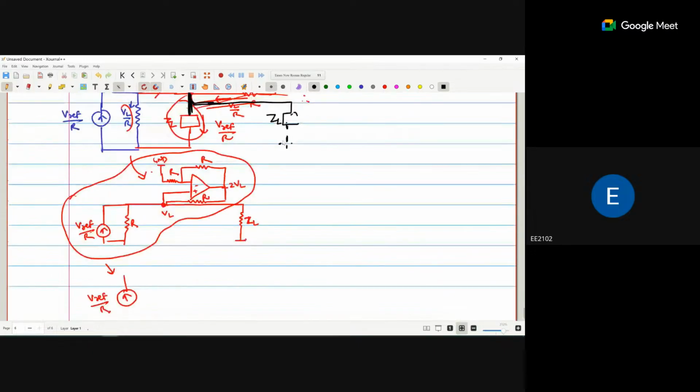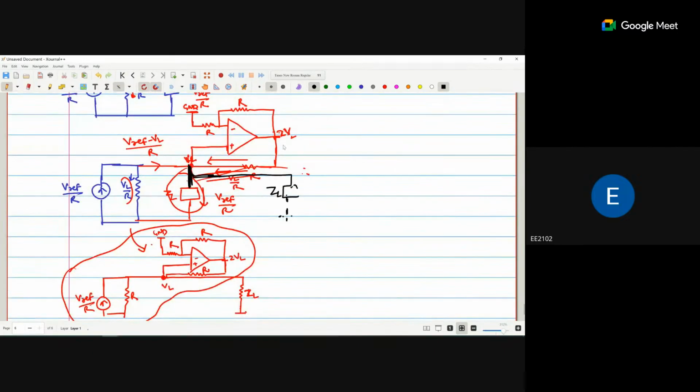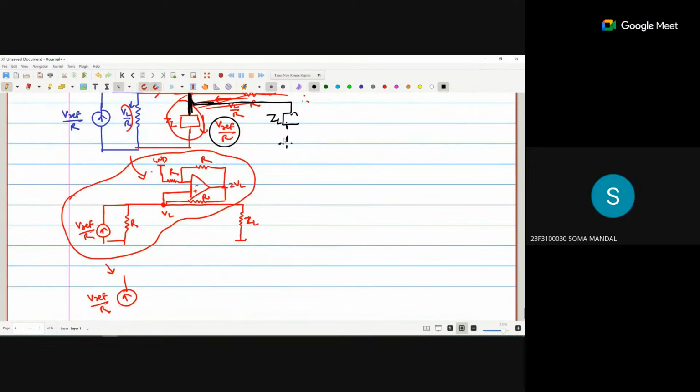Okay, and finally in ZL what we are getting? Vref by R. Clear? That is the input current. So across the ZL what we are getting? Vref by R. Yes, sir.